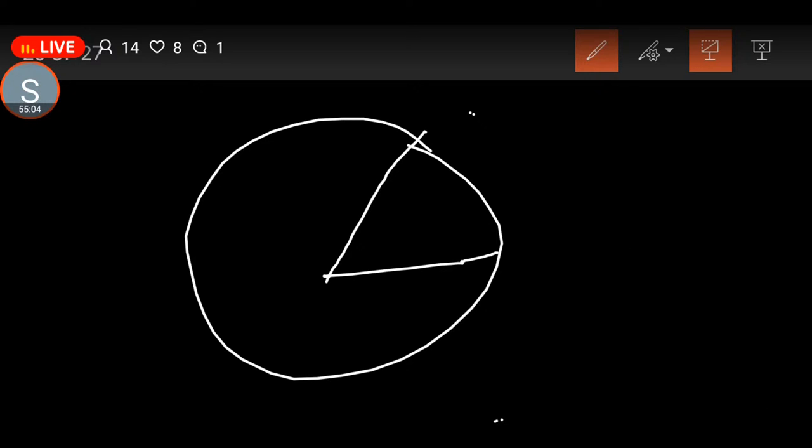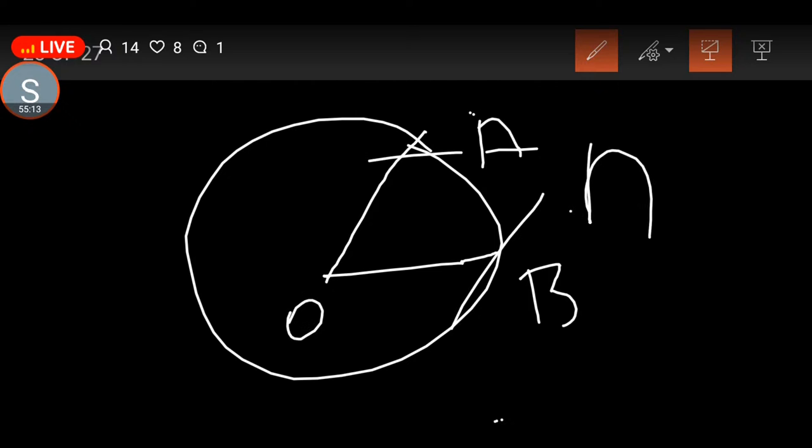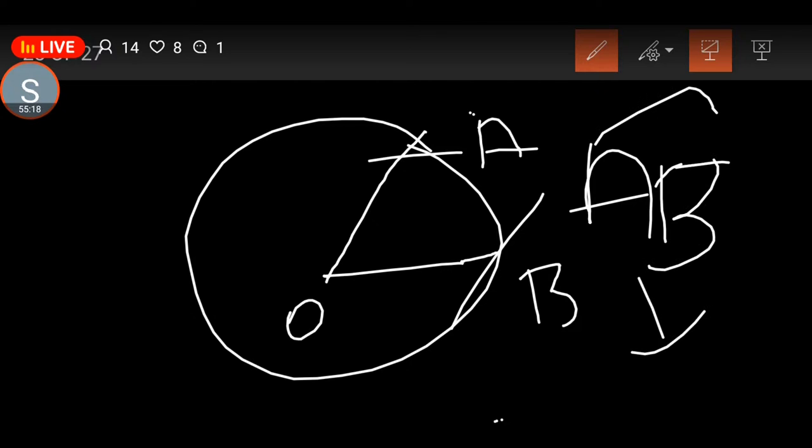Let this be A, this be B, and this be O. The arc AB subtends the angle theta. The theta equals 1 radian. You can take any circle of any radius. If, keeping the radius constant, you draw an arc AB, then the radian will be correct.